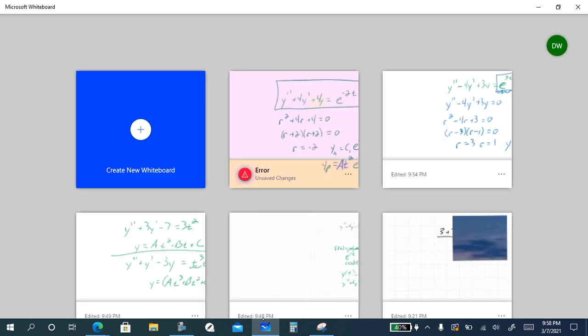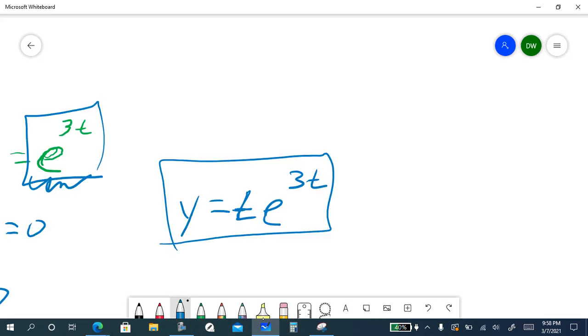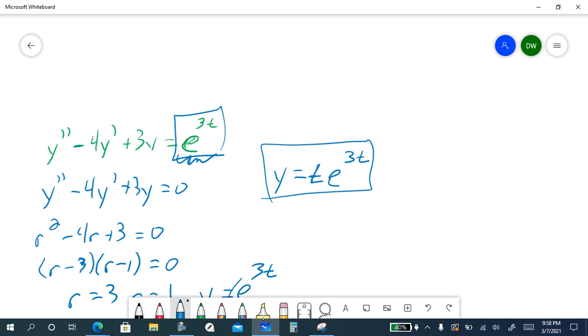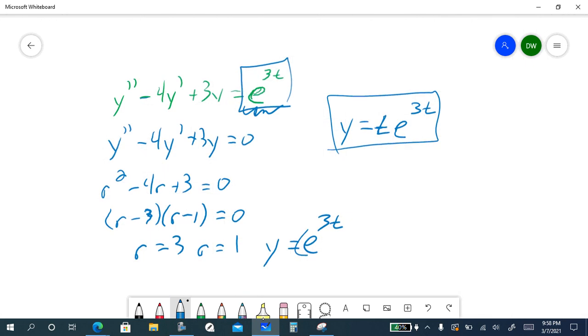If we look at the one before that, I think it's this one. Yeah. So when we looked at this, our first thought would be that our format would be of the form a e to the 3t.